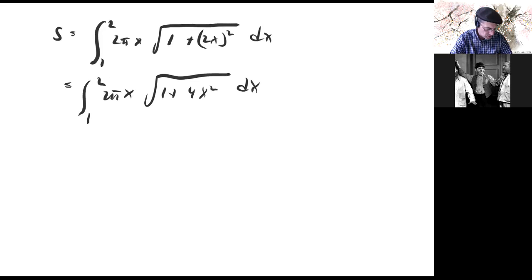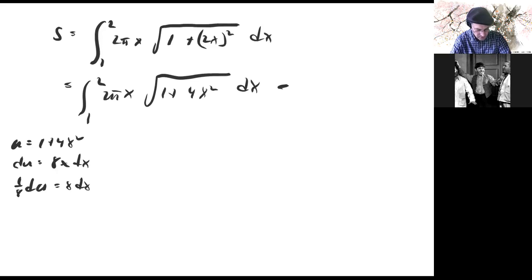This is going to be a u substitution. U will be 1 plus 4x squared, du is 8x dx. We don't have an 8x dx, but we do have an x dx. So 1/8 du is x dx.